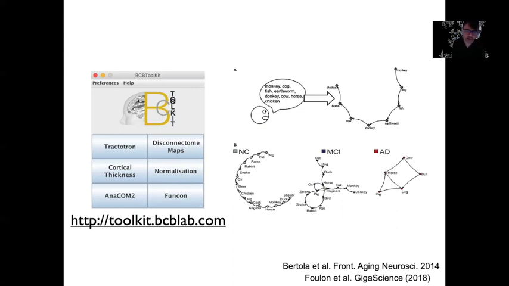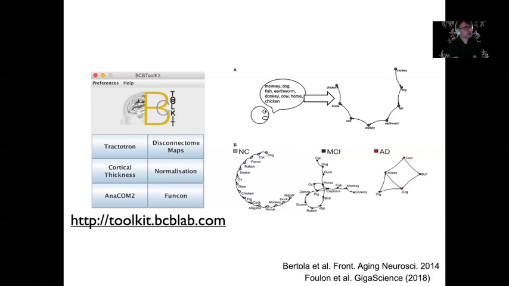And then Anacom 2, which is just a non-parametric statistical approach for you to assess in small groups of patients. Otherwise you have a wealth of other methods to assess the contribution of clusters of disconnection or the contribution of clusters of lesions to your behavior. Okay.